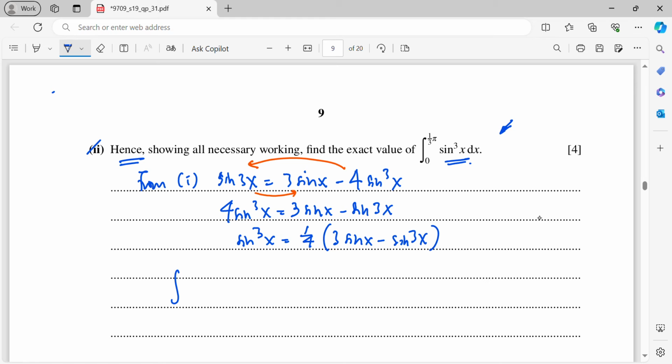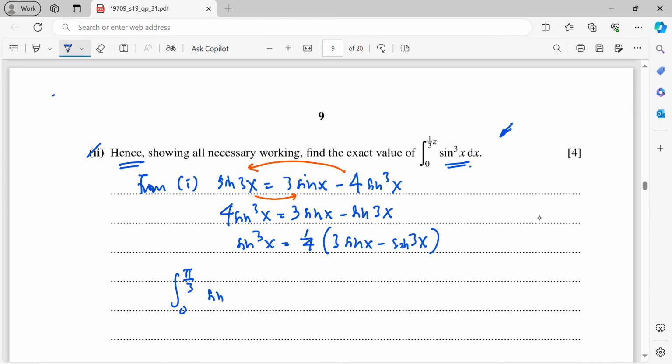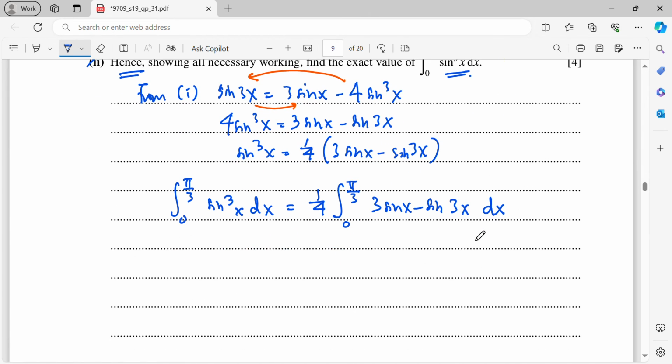So now I integrate from 0 to 1 over 3 pi sine cube x. That is 1 over 4 integrate from 0 to pi over 3 sine x minus sine 3x. So now here, just rewrite. Now when you integrate 3 sine x, that is going to be negative 3 cos x, because when you differentiate cos x, it will be negative sine x.